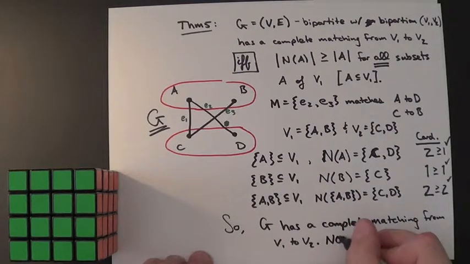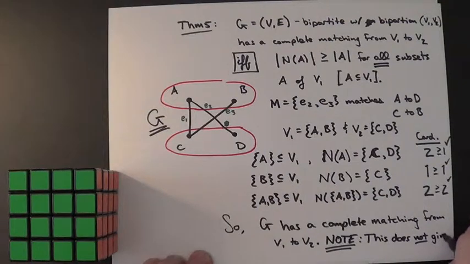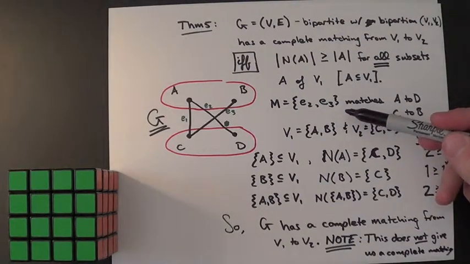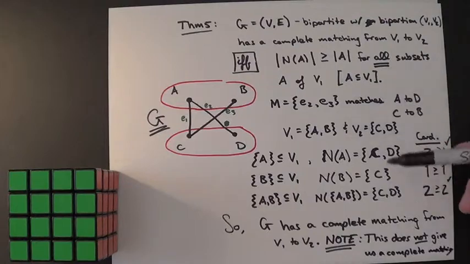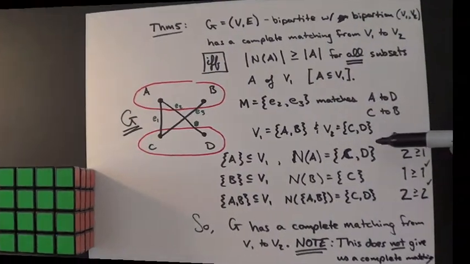Note, this does not give us a complete matching, nor does it say that the matching that we found is the complete matching. All it says is that there is a complete matching from V1 to V2.